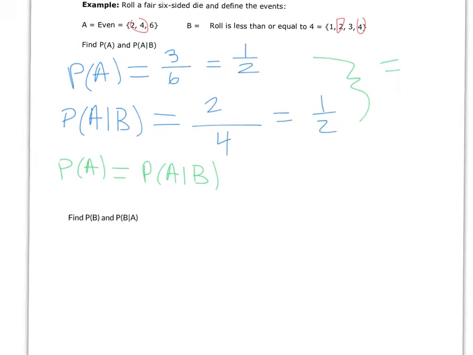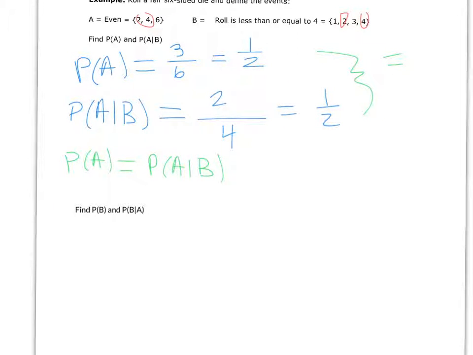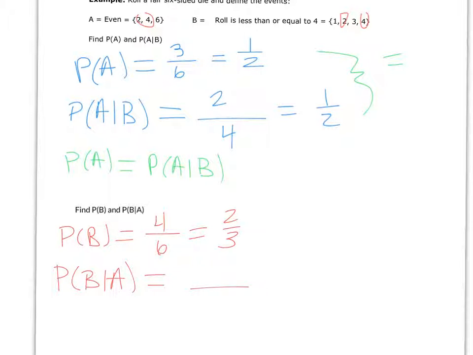Let's look now at some probabilities about B. Probability of B. Well, there's 4 outcomes in B over the total of 6, so we get 2/3. Now, probability of B, but assuming that A has happened. So our new denominator is 3. And we want now the intersection, the "and" event between A and B, and we know that there are 2 outcomes.